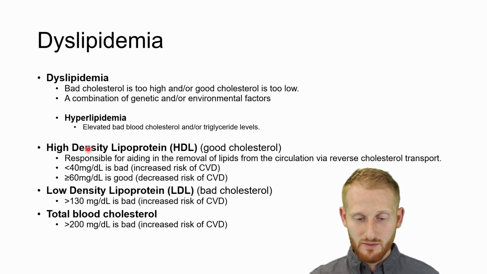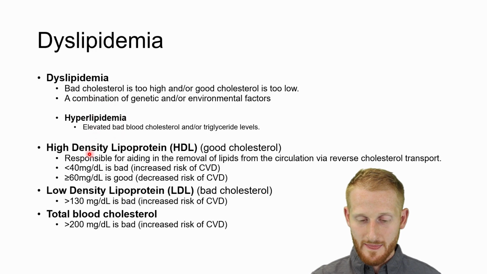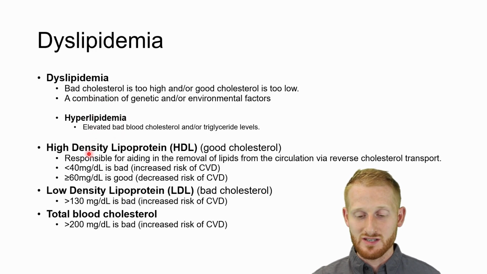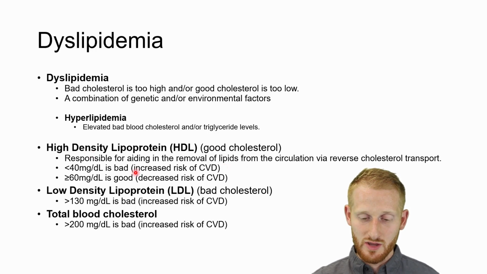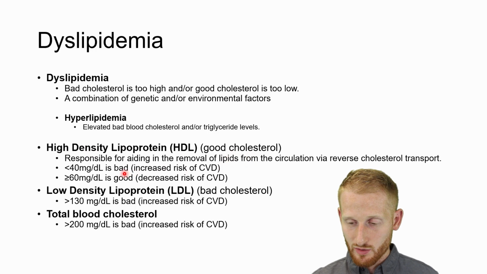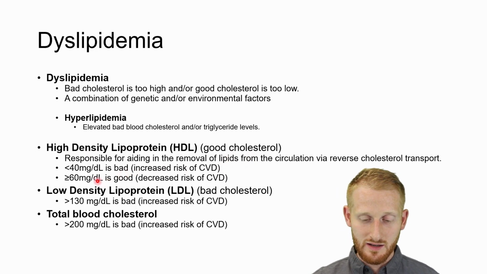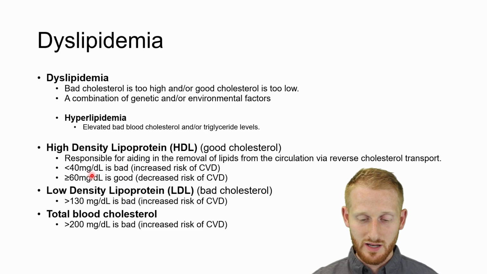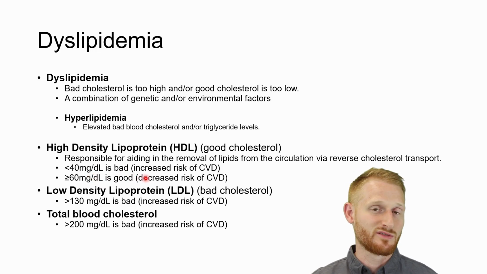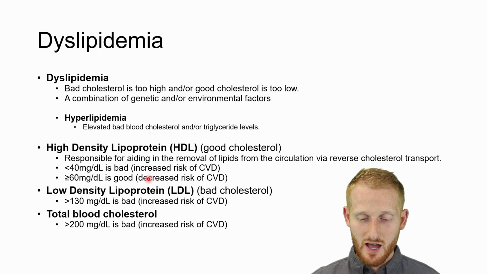So again, dyslipidemia here can be caused by not having enough high density lipoproteins, so enough HDL cholesterol, which is the good cholesterol. If they have lower good cholesterol than say 40 milligrams per deciliter of blood, that is a bad risk factor for cardiovascular disease.